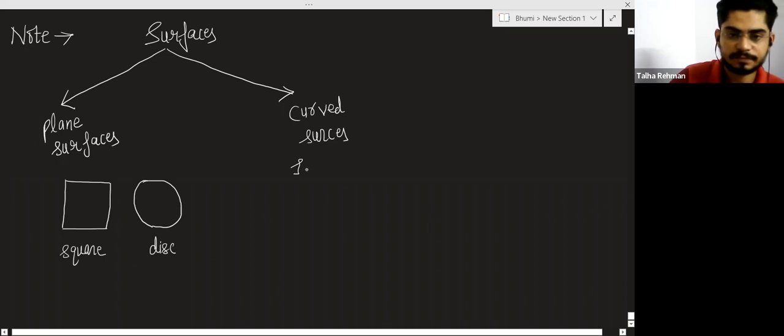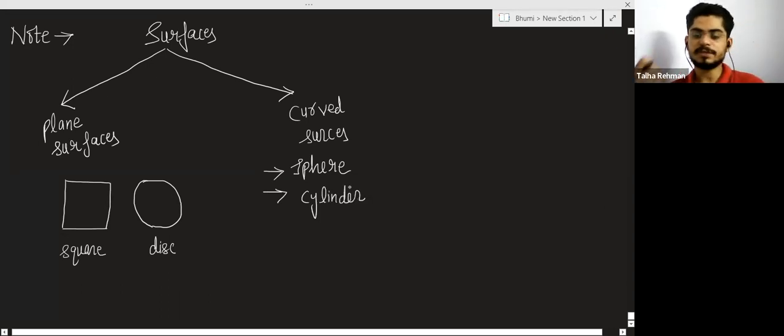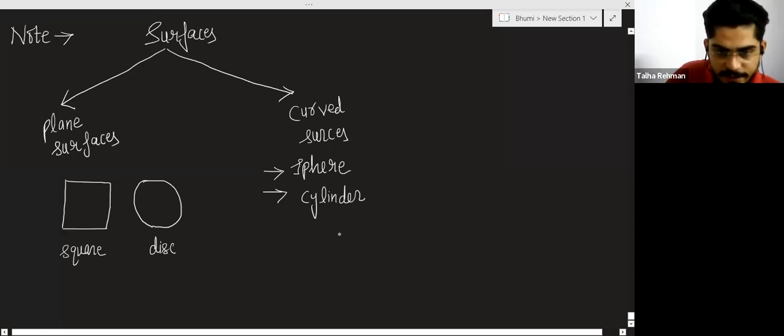Sphere is a curved surface. Cylinder also is a curved surface. See here, we made the cylinder like this. This is cylinder.